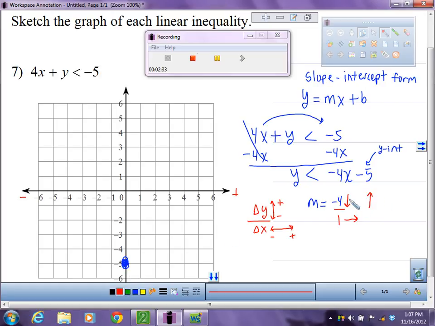If you already went 4 down and 1 to the right, I can go 4 up and 1 to the left. So starting from the y-intercept, I go 1, 2, 3, 4, and then 1 to the left, right about here.